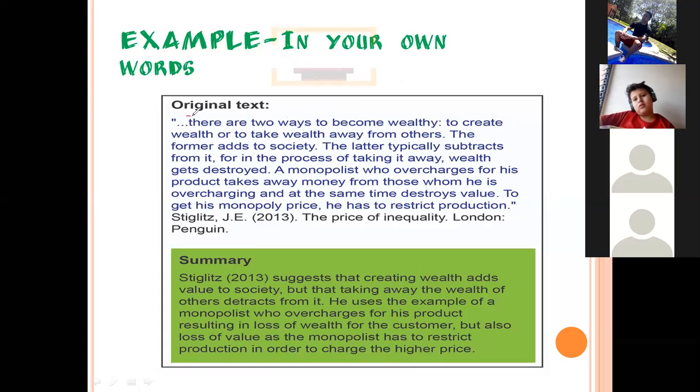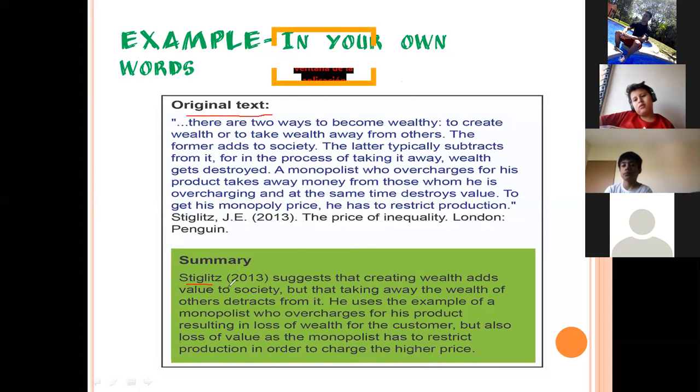This is the original text. Imagine, this is my text, and I have to make a summary. And I start writing Stiglitz 2013 suggests, and I continue writing that creating wealth adds value to society and blah, blah, blah.